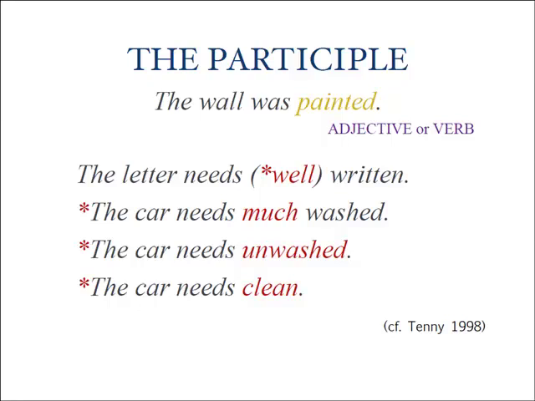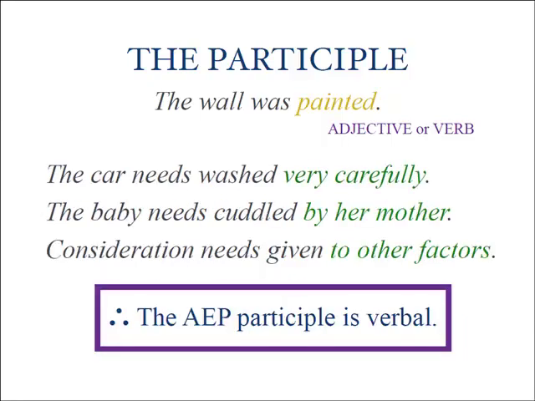If we say the car needs unwashed, presumably that means somehow undoing the washing. It would have to be verbal rather than adjectival, and we can't use non-participial adjectives. So we can't just say the car needs clean. So that's an indication that this is really verbal.